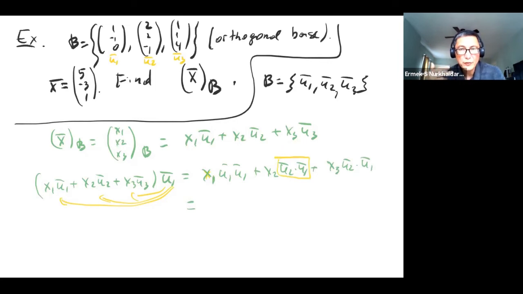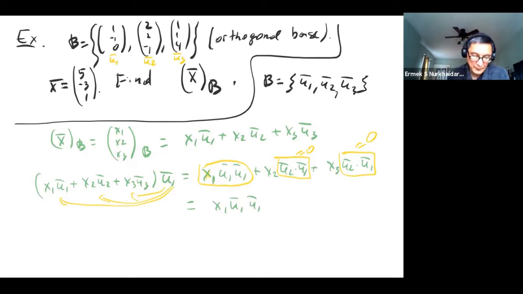Because we're talking about an orthogonal base, u2 times u1 is going to be 0, and u3 times u1 is going to be 0. So that's the only piece left: x1 times u1 times u1.